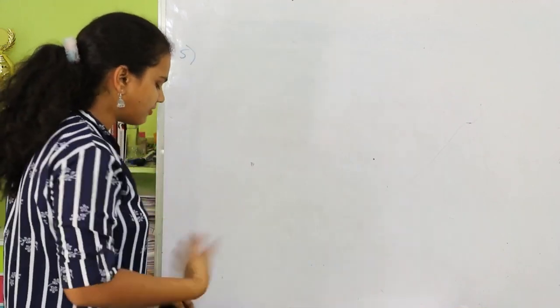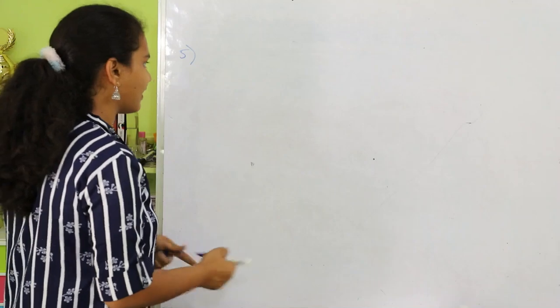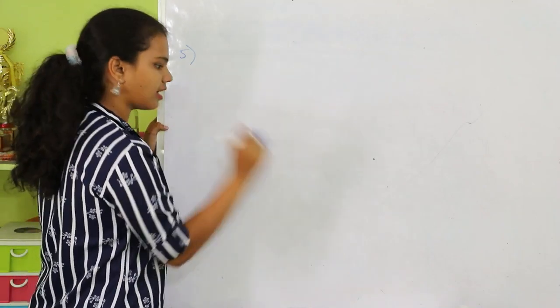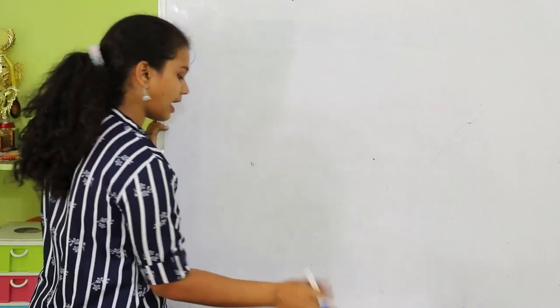So this is the process that we do to check the zeros. In further exercises we will be getting questions like find the zeros, which would be the other method.